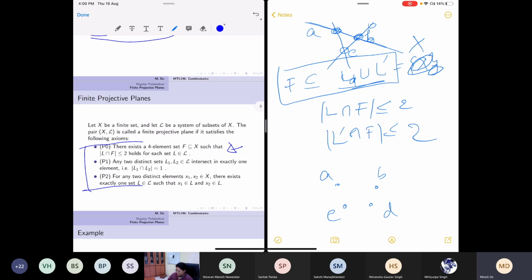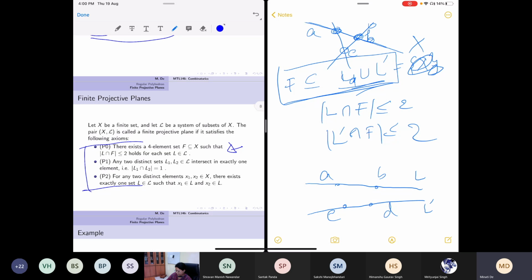So if this is the case, then I have a line L passing through AB and another line L dash passing through the remaining 2 points. That's the only possibility, or maybe AC, BD. Without loss of generality, consider that L is passing through AB and L dash is passing through CD.